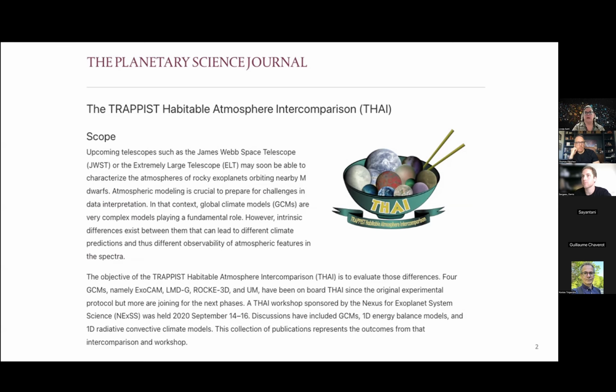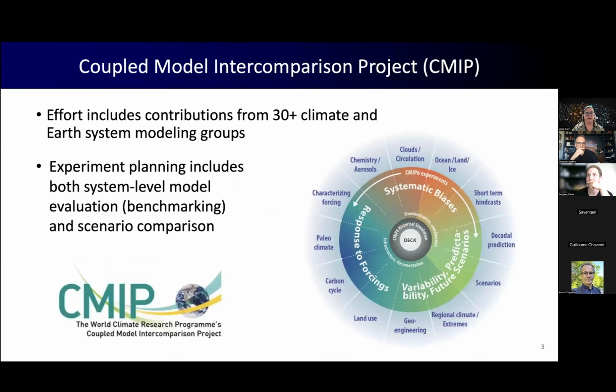And we also talked about thinking of ways to bring a more formalized structure to the way that we did the intercomparisons, hopefully with an eye toward expanding it beyond the GCM world, which was heavily involved in Thai in the first place. And an easy place to look for inspiration was on the earth sciences side, which has been doing these sorts of intercomparisons for years.